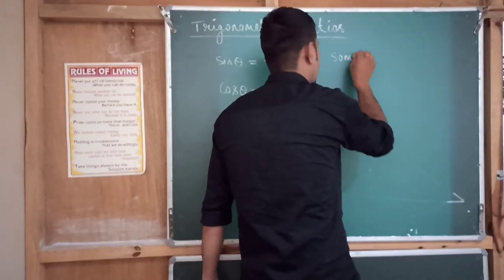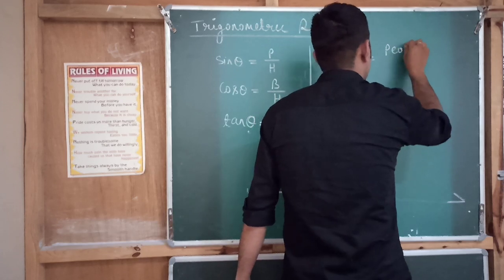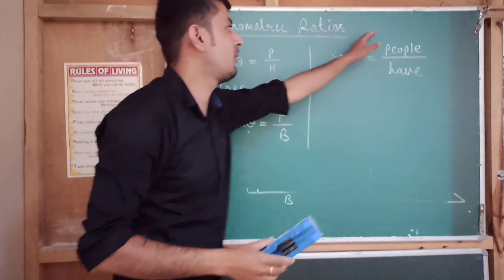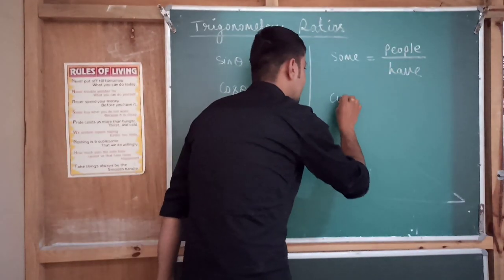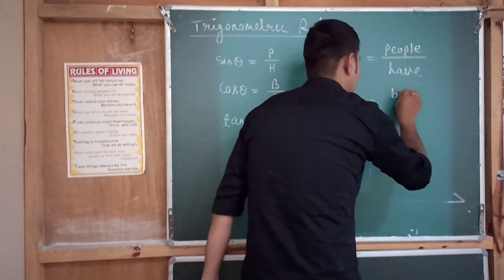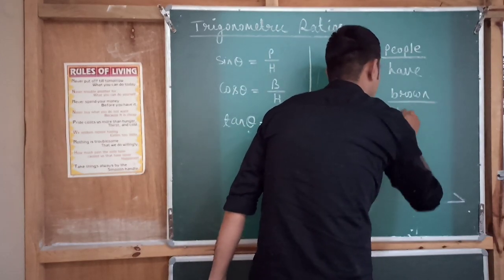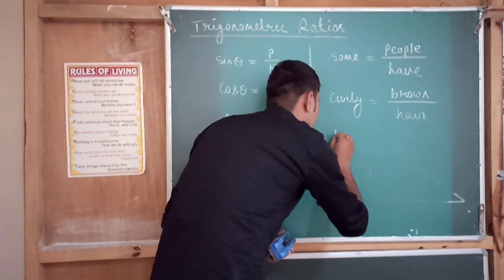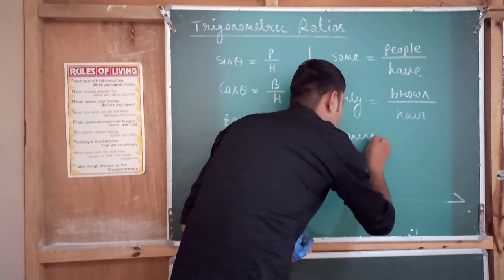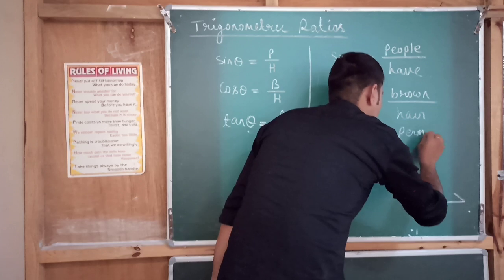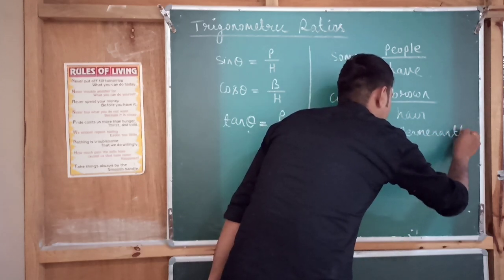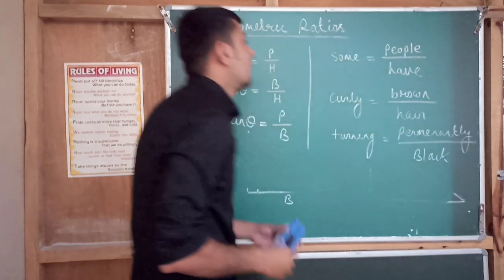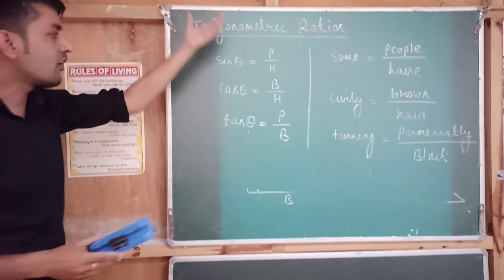Some people have curly brown hair turning permanently black. So if you can remember this rhyme, you can remember these ratios also.